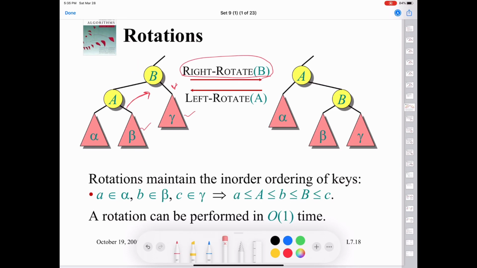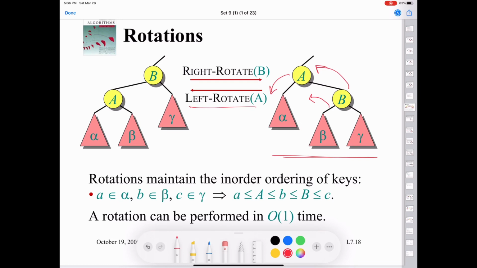So in left rotation, what we are going to do is consider this tree here, and we are going to left rotate A. So when you left rotate, A is going to come down here, B is going to move up, and beta is now going to become the right child of A. That is, the subtree is now going to be attached to the right side of A. So that is what is going to happen when you apply these rotations.